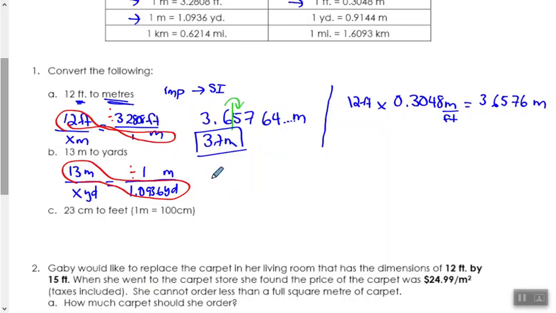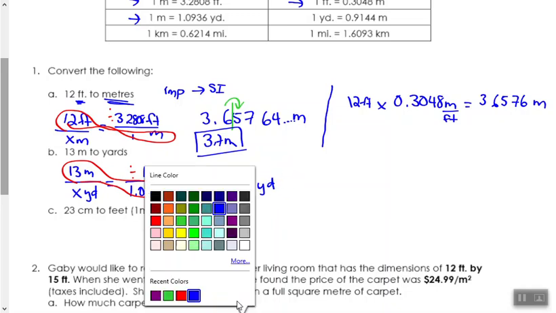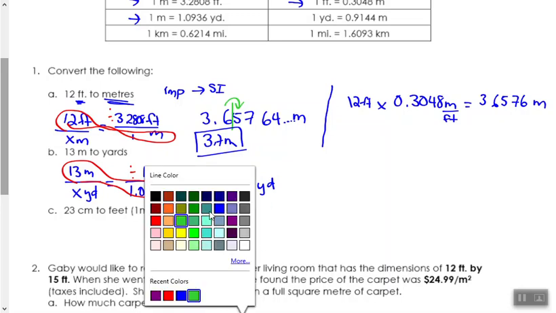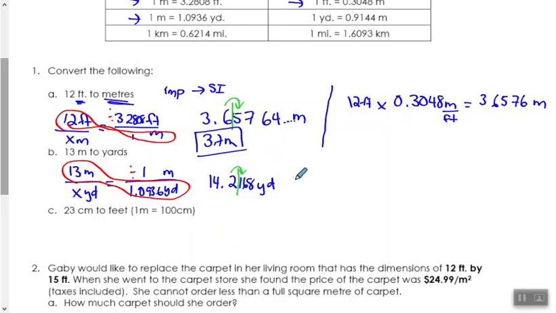We get 14.2168 yards is about 13 meters. Now, once again, just round it off after 1 or 2 decimal places. So let's just round after 1, and we will round this to 14.2 yards.